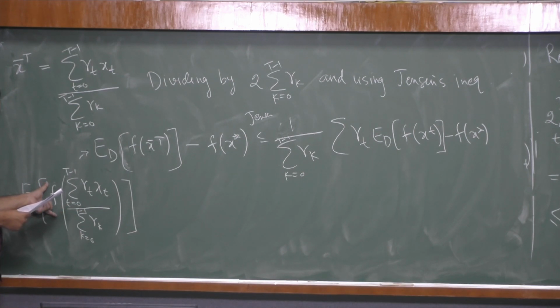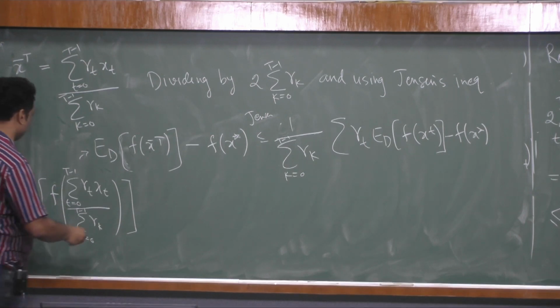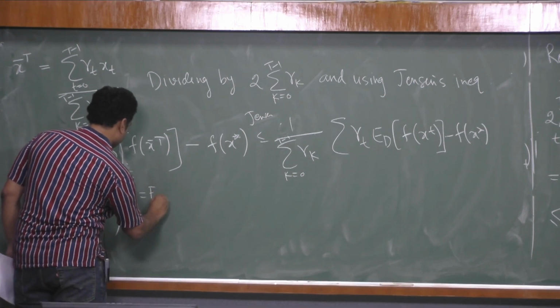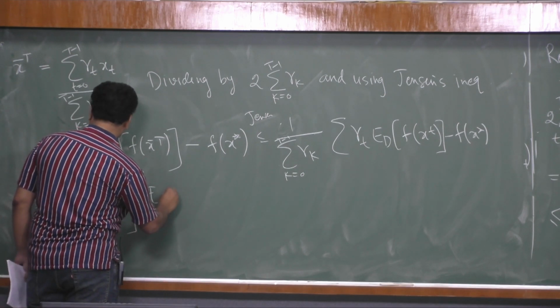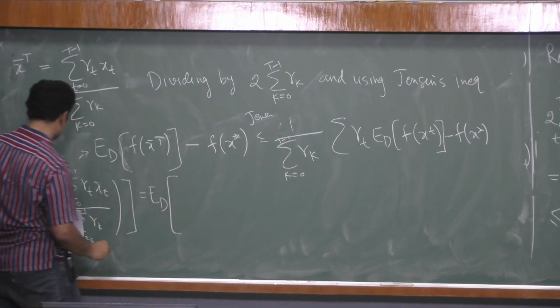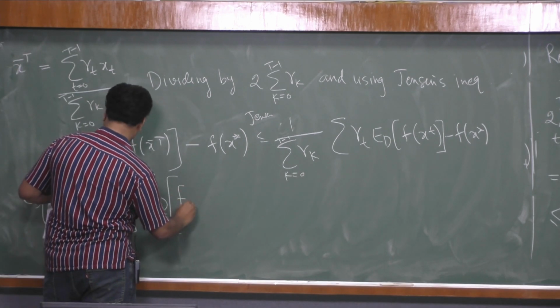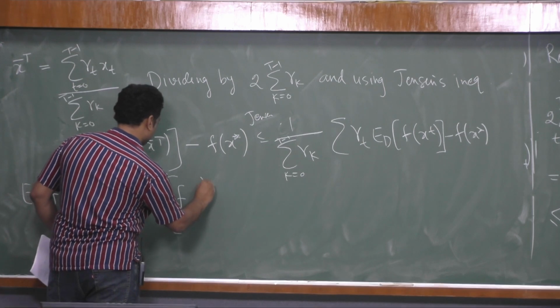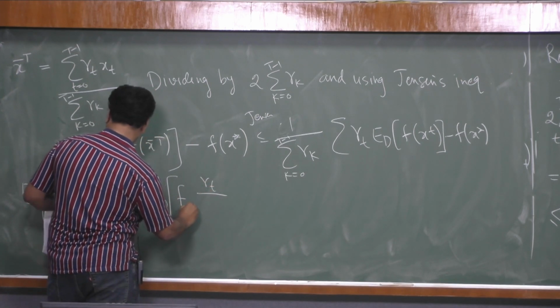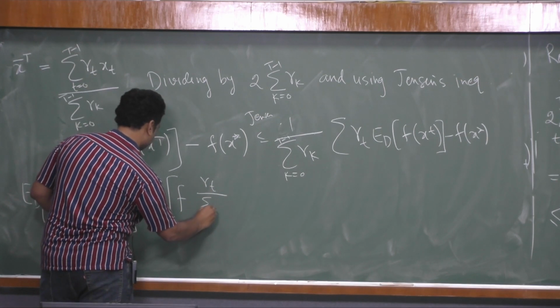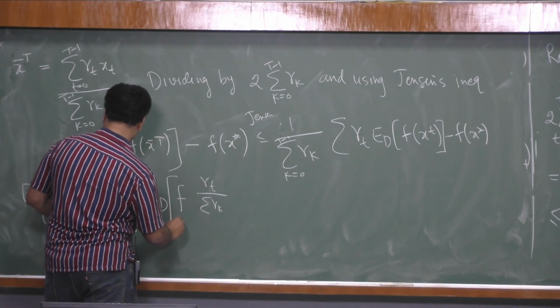And this being a constant, it can further come out, okay? So what do we have here, right? So expectation of f, and then you can write this as f of gamma t divided by sum of gamma k, okay?